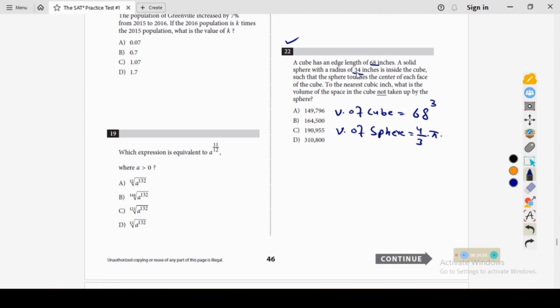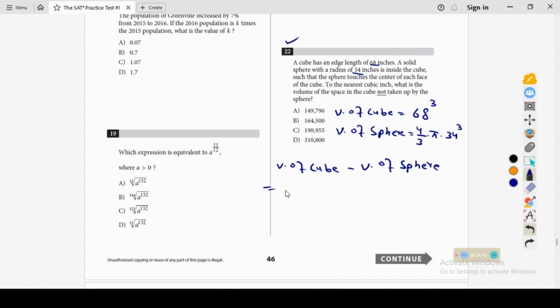But the value of r is 34, so it becomes 34 raised to the power 3. Since we have to find the volume of the space in the cube not taken up by the sphere, we will just subtract the volume of the sphere from the volume of the cube.